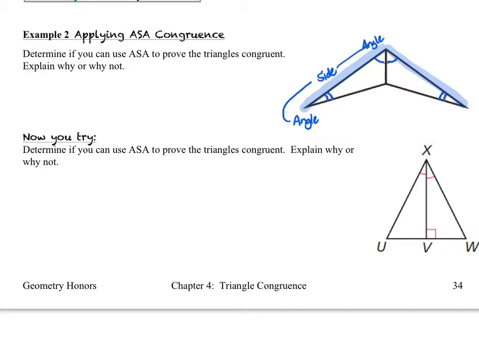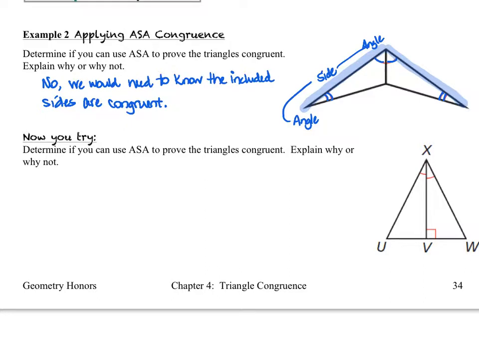So that means the answer is no, because we would need to know that the included sides are congruent to each other. Instead of knowing that there's a congruent included side, we actually have this common side, which we know is used for both triangles, so it's congruent to itself, but that's not helpful for the angle-side-angle theorem.